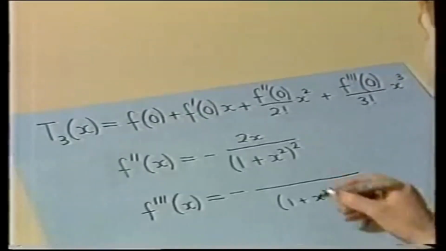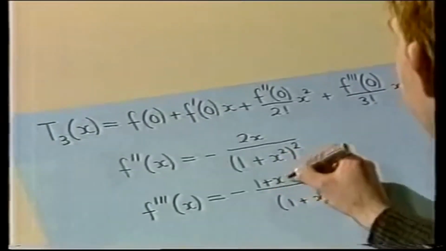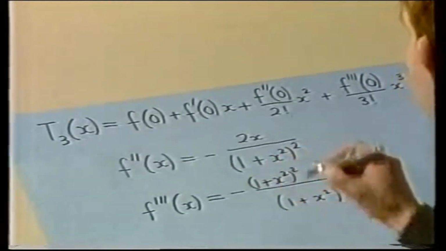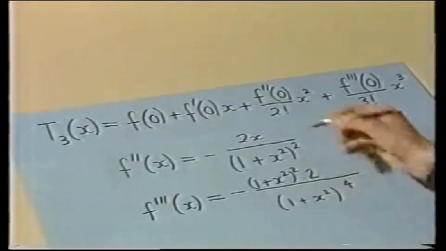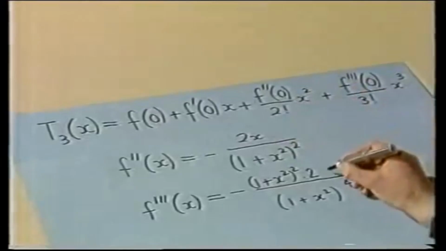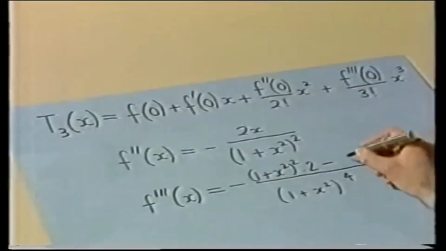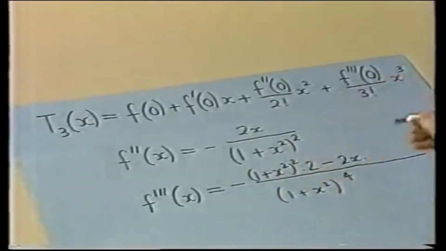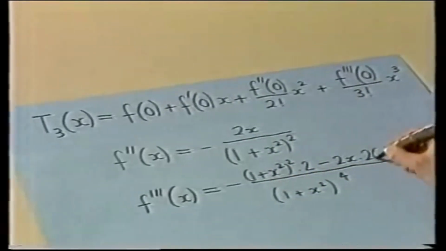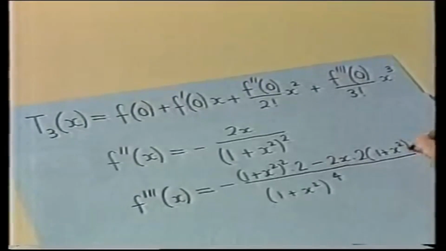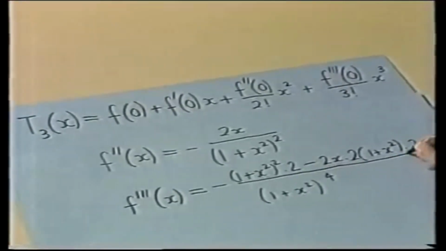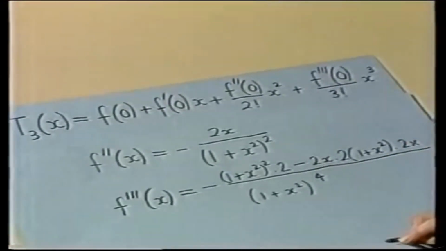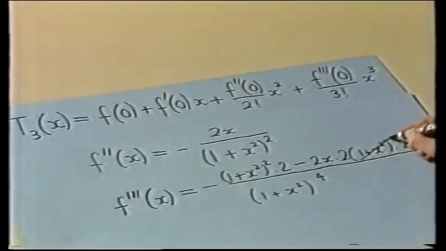And then in the numerator, we have (1 plus x squared) squared times 2, which is the derivative of 2x, minus 2x times the derivative of (1 plus x squared) all squared. And that's 2 into (1 plus x squared) times 2x, using the composition rule again. Well, we can cancel a 1 plus x squared.